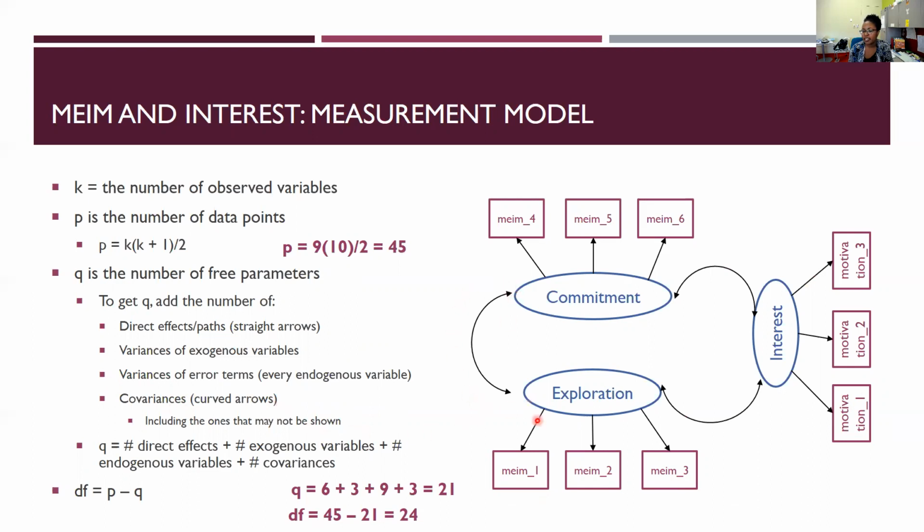Because all of these are exogenous, they are going to have covariances included, so that's 3 covariances. That gives us 21 free parameters. 45 minus 21 is 24 degrees of freedom. So our model is over-identified, which is a good thing. Our latent variables are scaled. We are good to go.